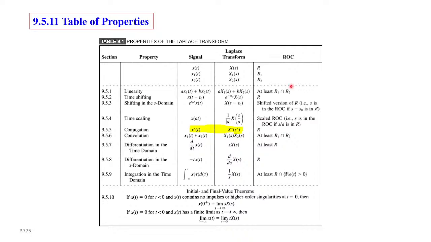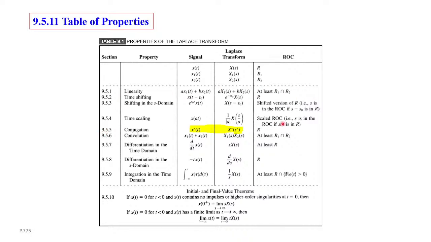And time scaling. Also, for all those properties, now you need to think about the ROC. Basically, if you have two different things going together, then the ROC will be the intersection of those two, but you might get some poles cancelling out, so it might sometimes become bigger. So be careful.